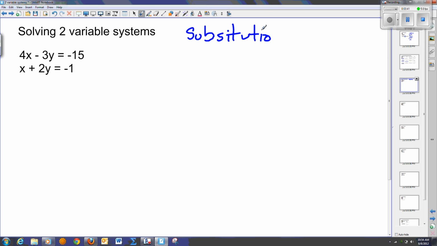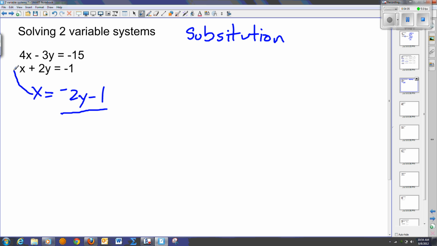Substitution is a process by which we try to isolate a variable and find out what it equals. The easiest variable to isolate in this case is x. X, we know, is equal to negative 2y minus 1. So everywhere I see an x, I can substitute in negative 2y minus 1.